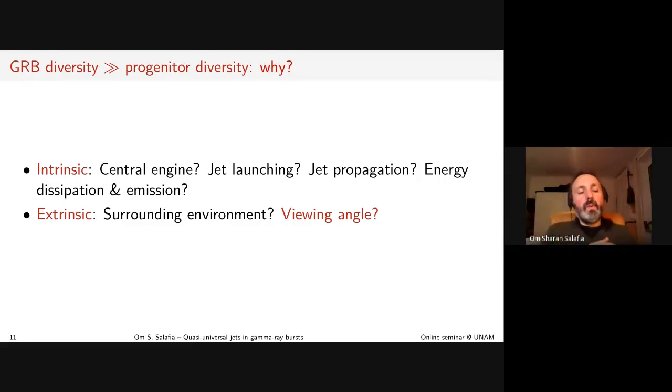Some people have even suggested that the prompt emission, so the gamma ray emission, is produced by the interaction of the jet with the external medium.